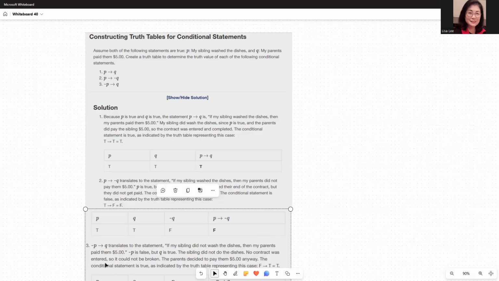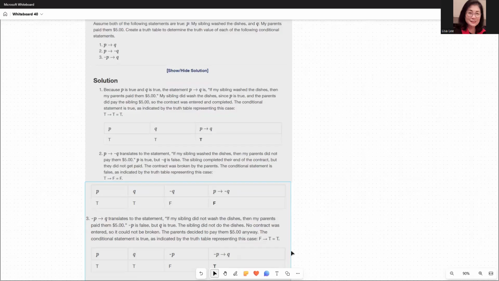The contract was entered, so it could not be broken. The parents decided to pay them $5 anyway.